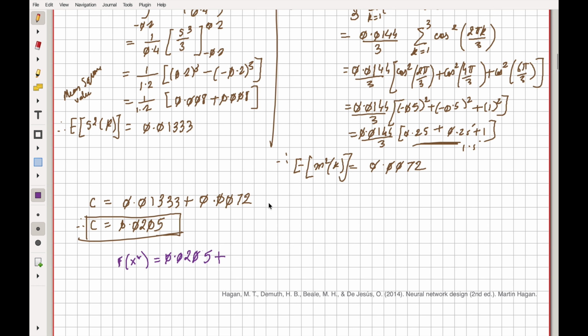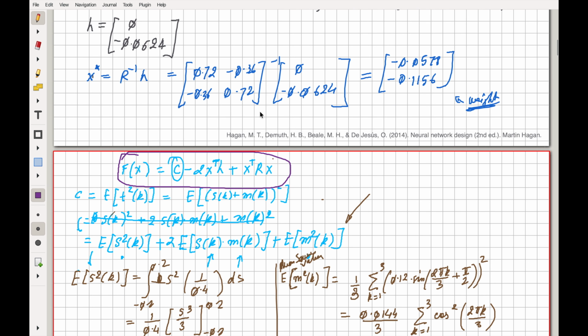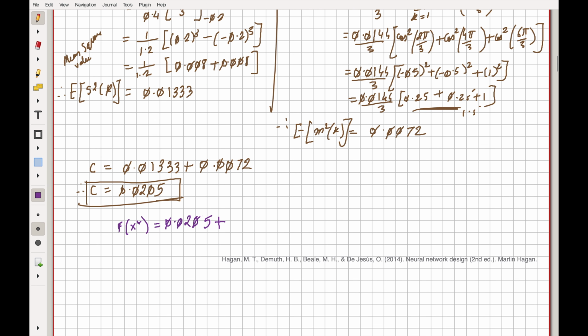And so if we try to look at the values, this is minus, so let's change this.